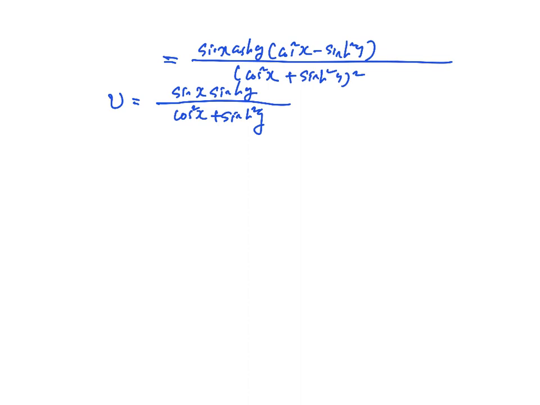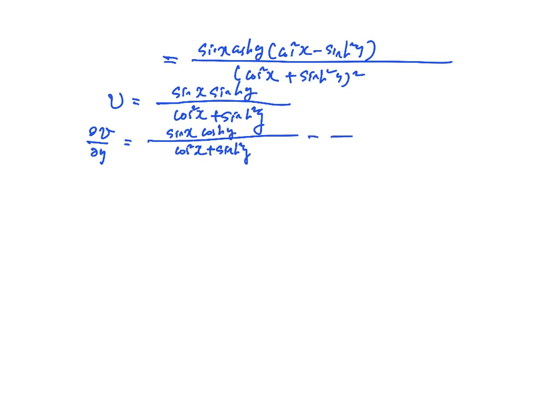The same thing, partial y. Maybe I should use small letters. Cosine square x plus sine hyperbolic square y. If we take a derivative in y, sine x cosine hyperbolic y, right?